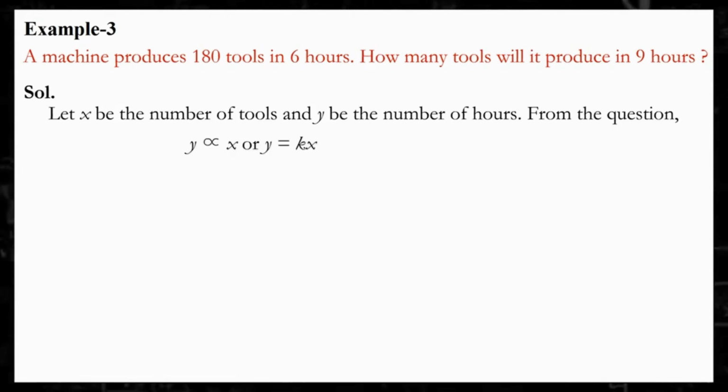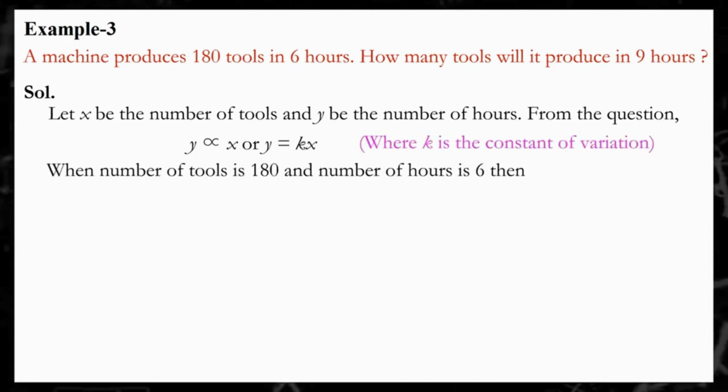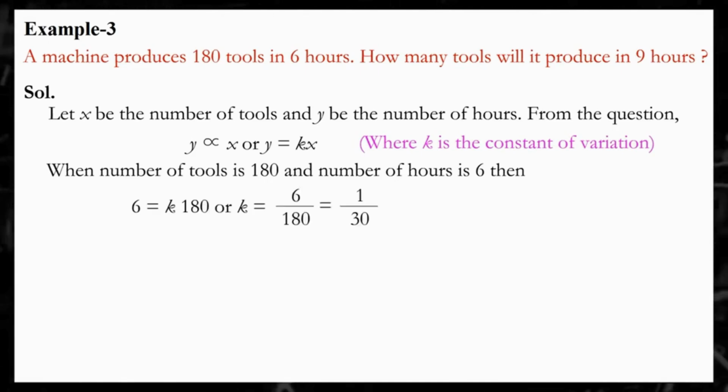Y is proportional to X, or Y is equal to Kx, where K is the constant of variation. When number of tools is 180 and number of hours is 6, then 6 is equal to K times 180, or K is equal to 6 upon 180 is equal to 1 upon 30.